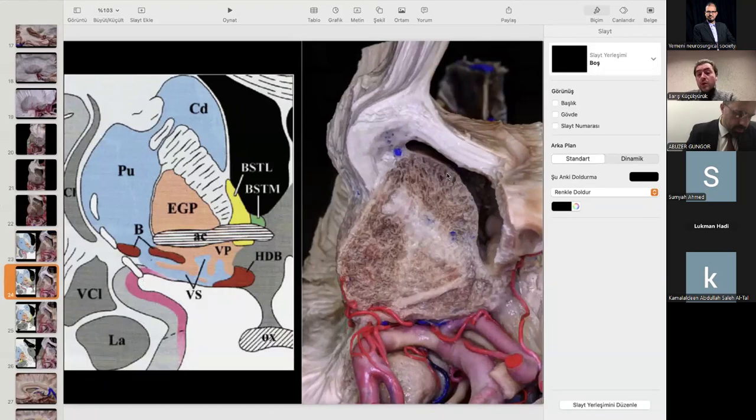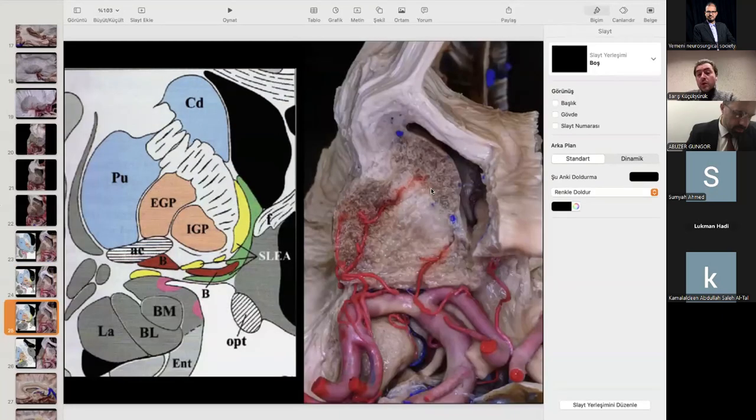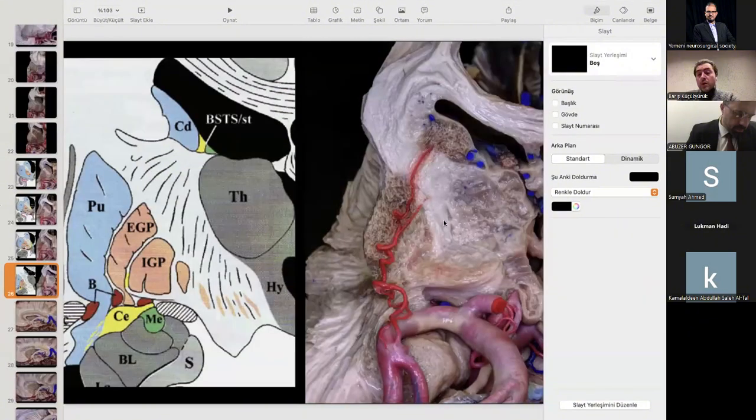This is the body of the caudate nucleus, which forms the lateral wall of the lateral ventricle, but still we are anterior to the thalamus. After the foramen of Monro, the caudate nucleus becomes the body of the caudate nucleus. Lateral to these structures there is the posterior limb of the internal capsule, which carries the primary motor fibers. The globus pallidus begins to diminish, and we see the posterior part of the putamen here.